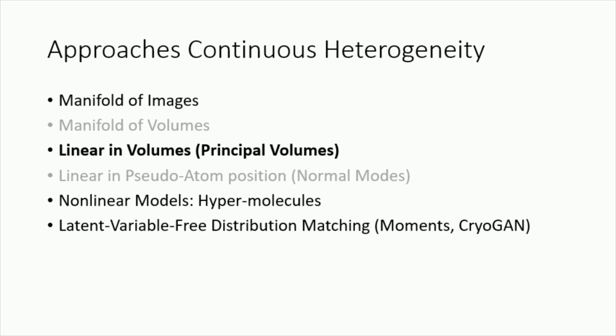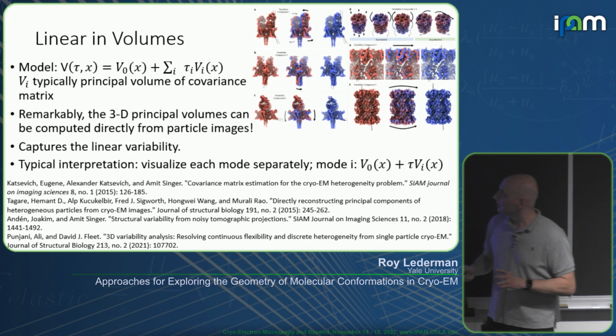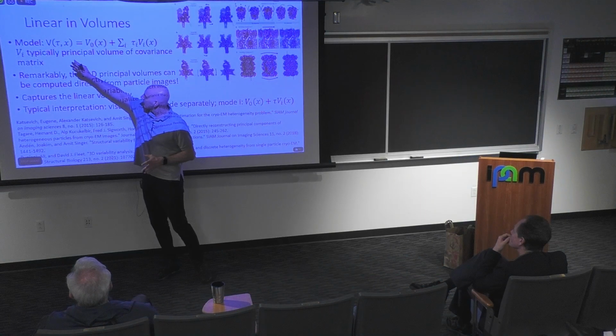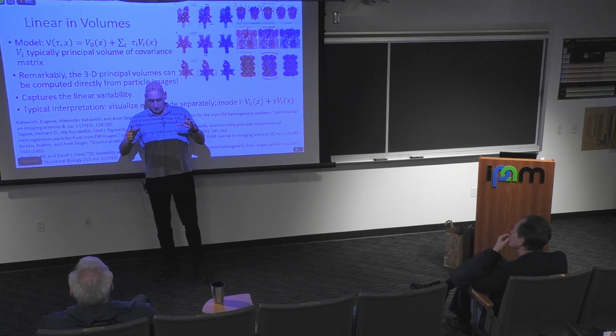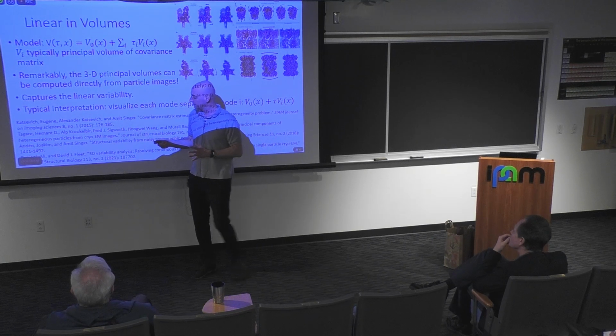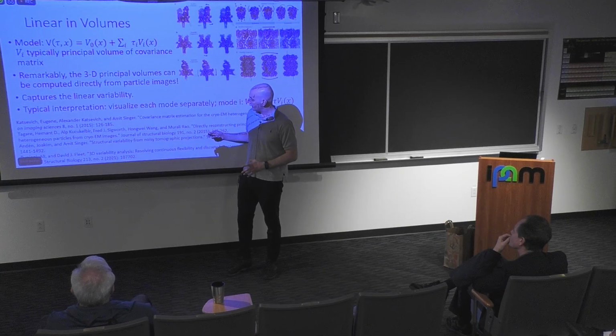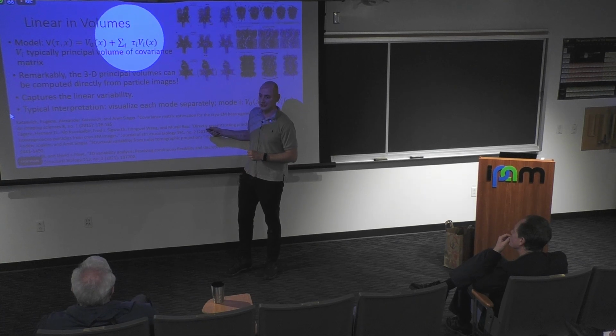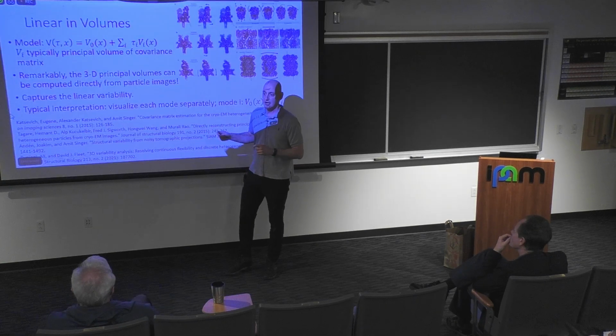One of the other ideas that came very early was these models that are linear in volumes. So what do I mean? We have each volume in this conformational space represented as a sum of some kind of a mean volume and some linear combination of volumes.